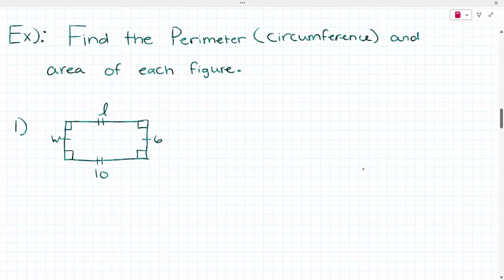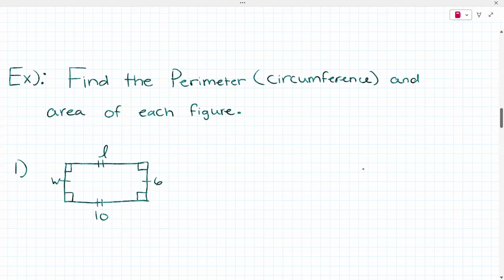Okay, so on this example, it says, find the perimeter or circumference and area of each figure. So on example 1, what do we have? We have a rectangle. So what is the perimeter of a rectangle? It is perimeter equals 2 times length plus 2 times w. Do we know my length and my width? Yes, we do. My length is 10 plus 2 times my width, which is 6.